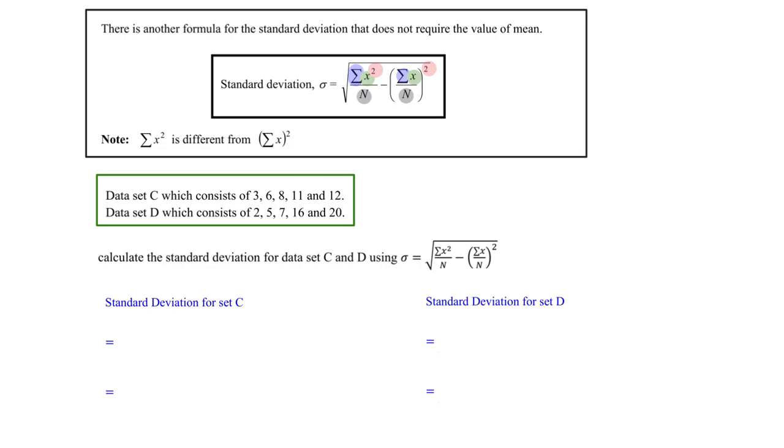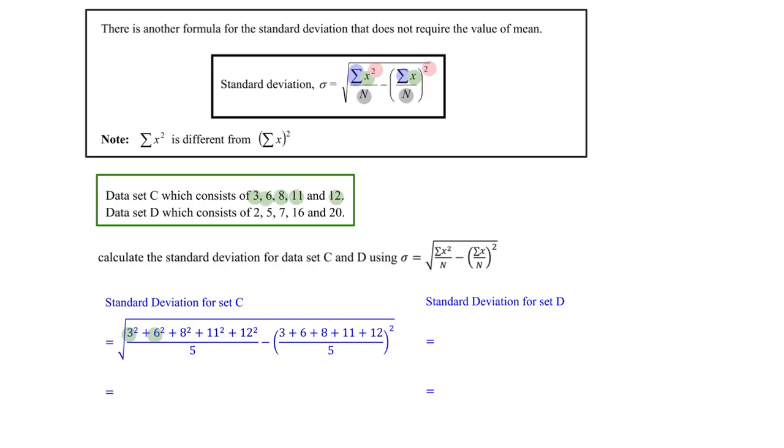So given the data sets C and D here, we shall calculate the standard deviation using this formula. You will see that all the data, 3, 6, 8, 11, 12, we square them before we add them up, summation.